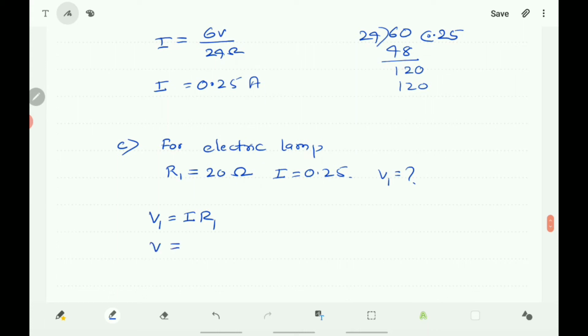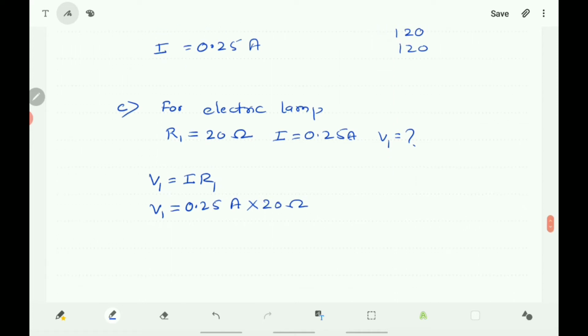V1 is equal to I, which is here 0.25 ampere, into R1, which is 20 ohm. So V1 is equal to 25 into 20 is 500. So it is 5.00 volts. That is V1 is equal to 5 volts.